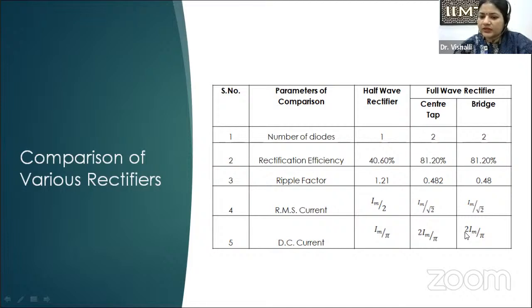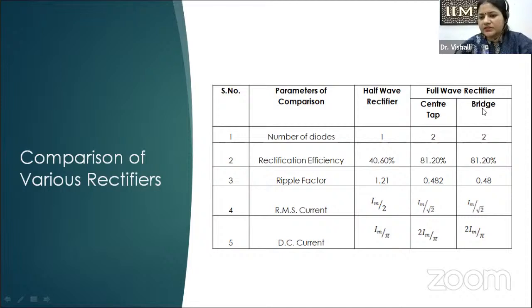The factor of 2 is multiplied, so it has doubled from the DC current in the case of the half wave rectifier. So from this we can say that full wave rectifier circuits are the more practical rectifier circuits, because we can't use the half wave rectifier because of its inefficiency and large value of the ripple factor.